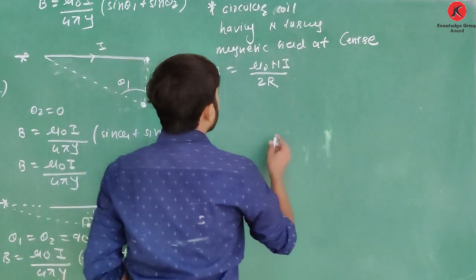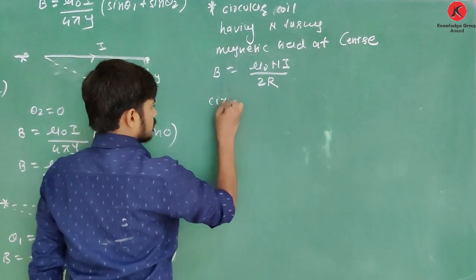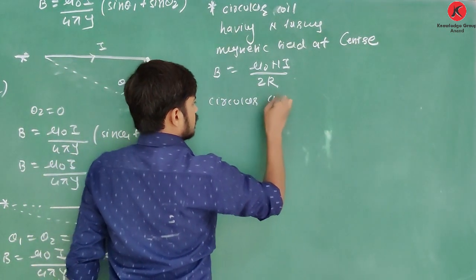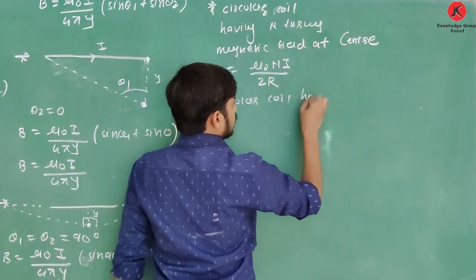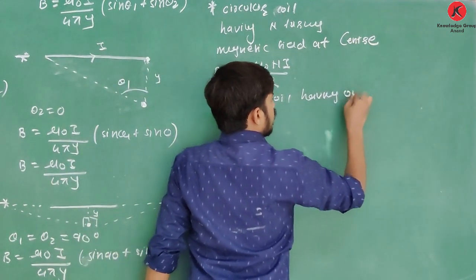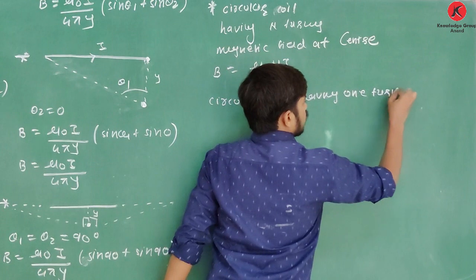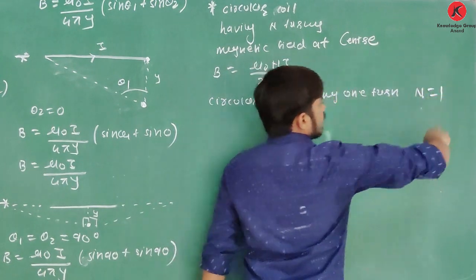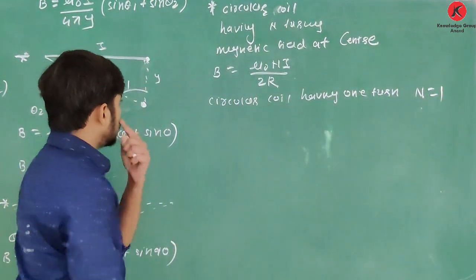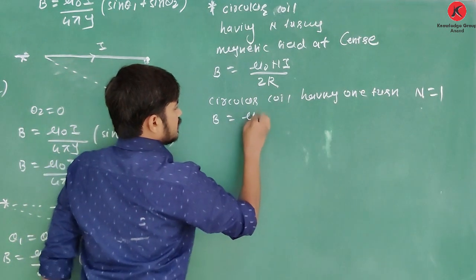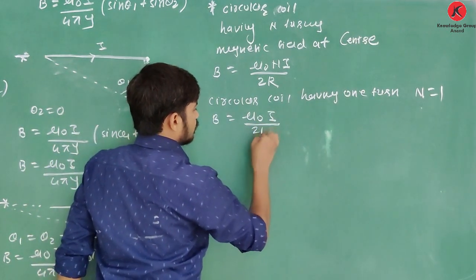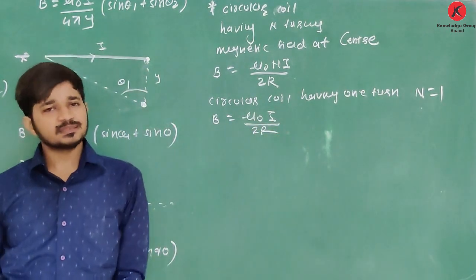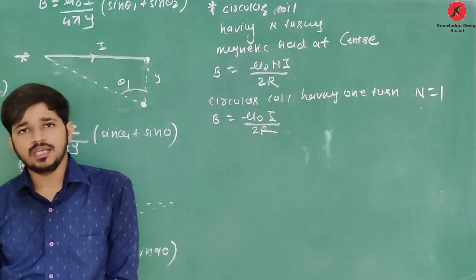If I have only one turn, a circular coil having one turn, then I have to take n is equal to 1. Simple. Then what is the magnetic field? B is equal to mu 0 I upon 2r. Simple? Yes, it is simple.